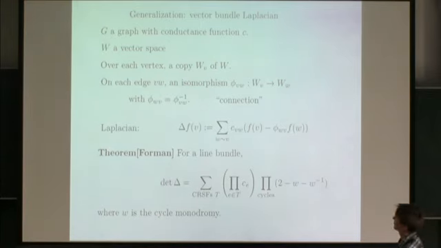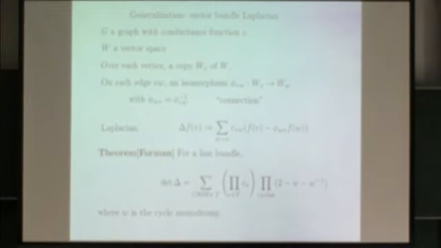But for larger vector spaces, even though we can define the Laplacian, we don't have any combinatorial interpretation of its determinant, except in rank 1 and rank 2. This is the rank 1 statement. That's the only one I'm going to use in this talk. But the graph can be arbitrary.